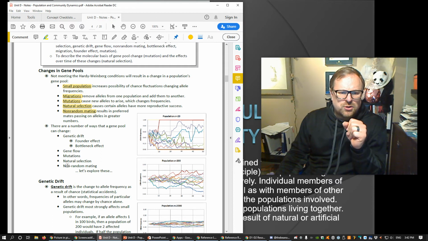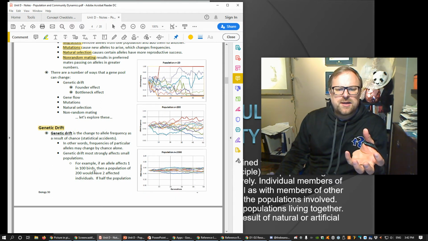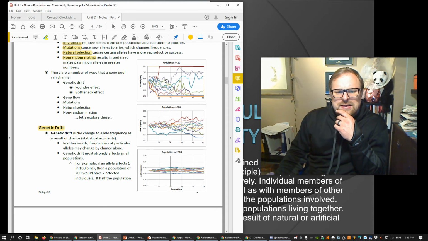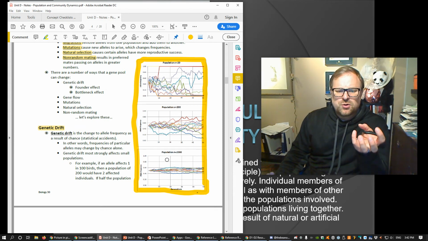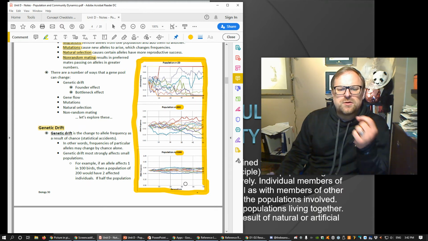There are 5 things that we're going to talk about that lead to a gene pool change. One of them is something called genetic drift, and I want you to understand genetic drift. These diagrams, by the way, I pulled off a website that is really excellent for this stuff. What these diagrams are showing is different populations. There's a population of 20, a population of 200, and a population of 2,000.